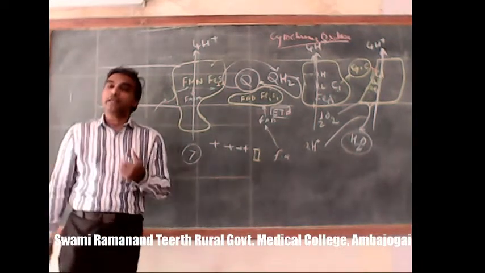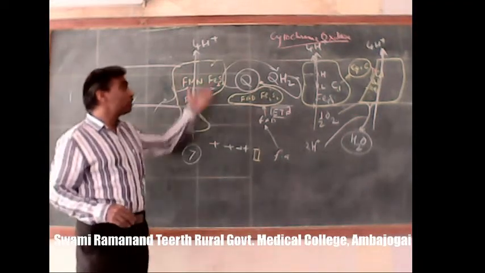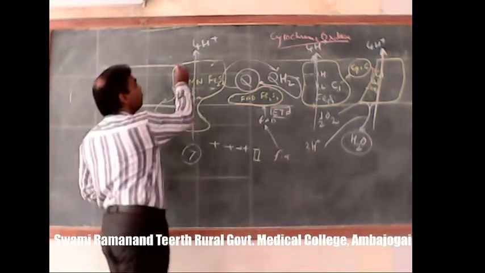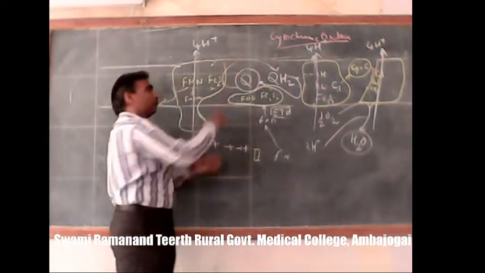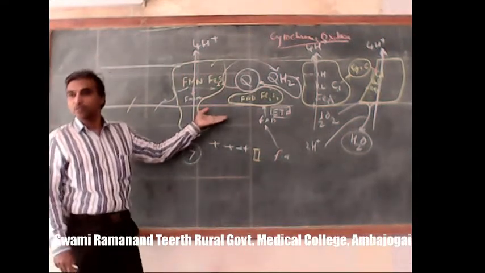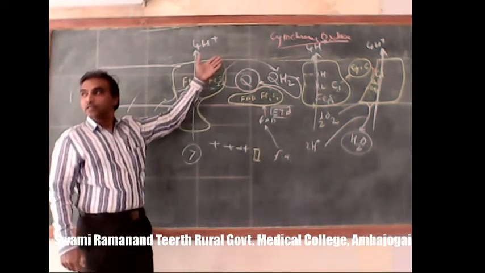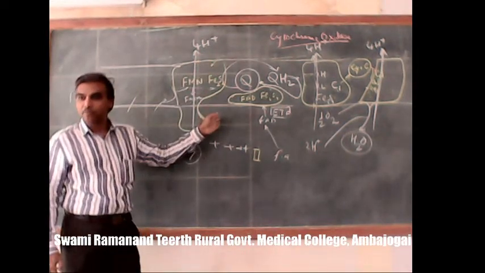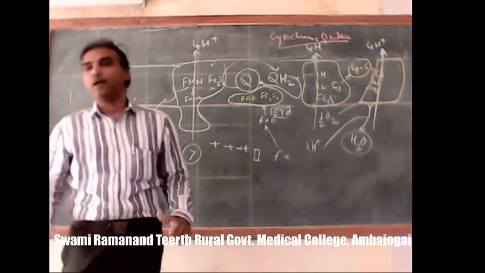We have seen the mechanism by which electrons are transported and protons transported across the inner mitochondrial membrane. So this is the membrane. Now we know that this is impermeable. So whatever protons are transported out of the matrix cannot easily enter inside, because this membrane is impermeable.